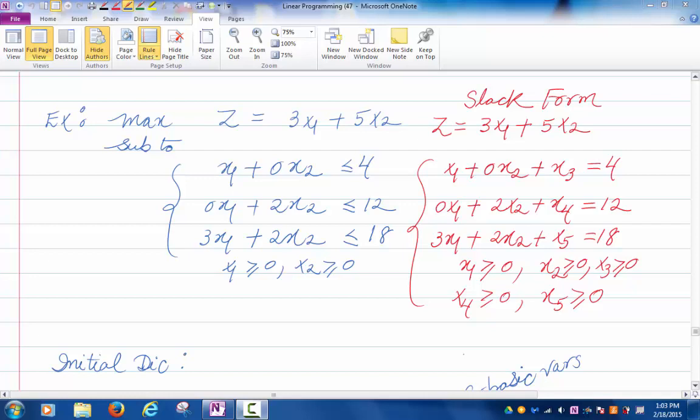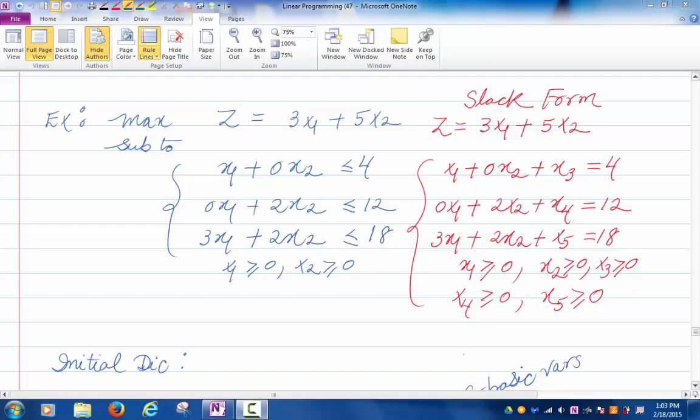After that, what do you do? You designate some variables to be basic variables, and you designate some variables to be non-basic or co-basic variables, or independent variables, whichever you like.